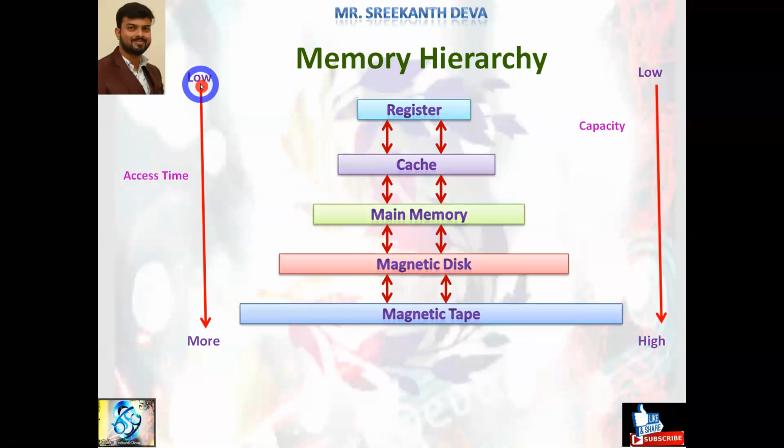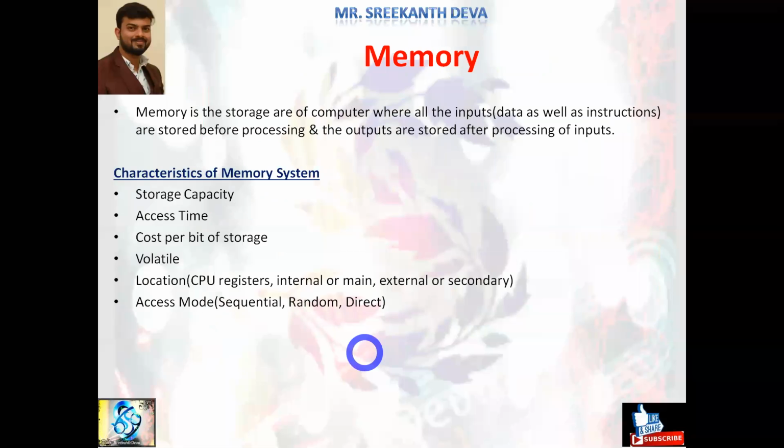In this diagram, we can see that access time from a register is low, while with magnetic tape the access time is more. When the CPU wants to access data from different memory storage devices, the lowest access time is the register, and the highest access time is magnetic tape.